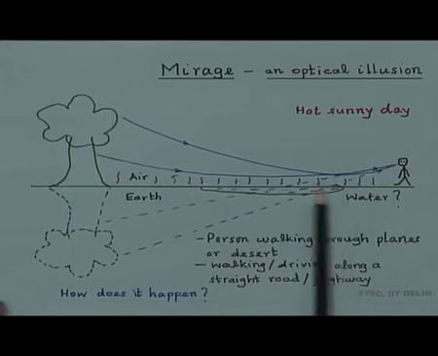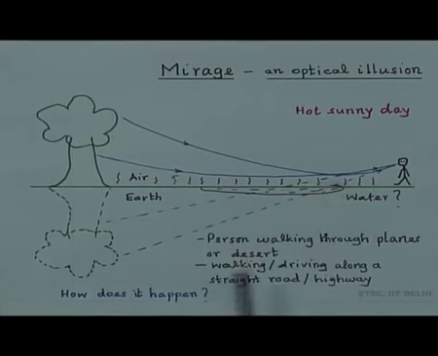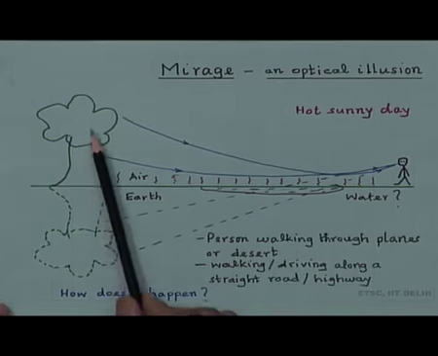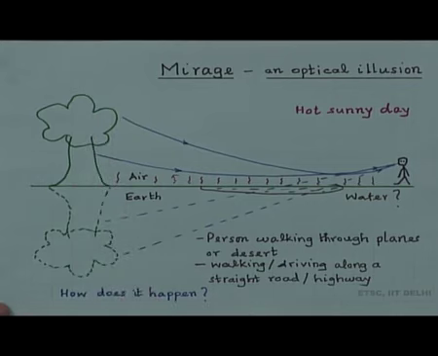So, obviously, on the way there may not be any mirror or anything. So, it appears as if there is a water body, because of which he is observing the image of this tree, but actually there is no water. What is happening is a phenomenon which we call mirage.